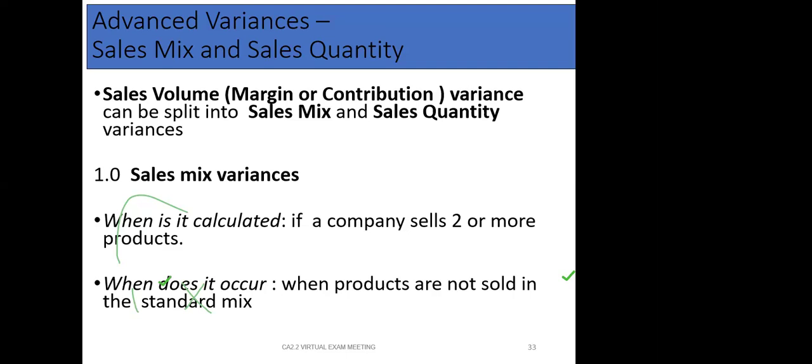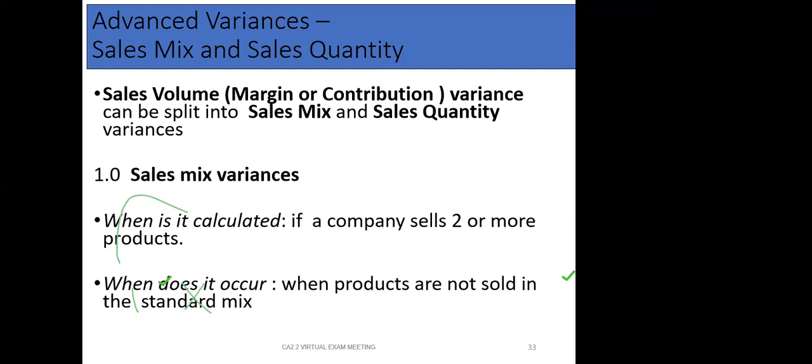Sales mix variances. When is it calculated? It's calculated if a company sells 2 or more products. A company which just sells 1 product cannot calculate a sales mix variance. But a company like Trade Kings, producing products like Banja, Boom, cornflakes, and so many products, they have so many products in their product range.